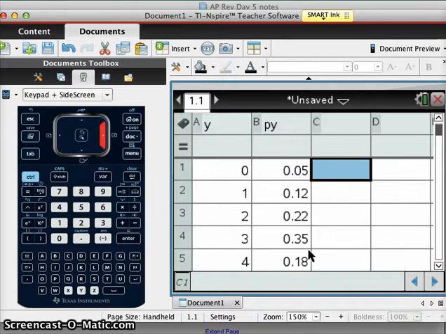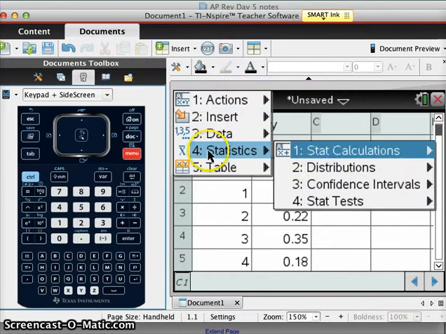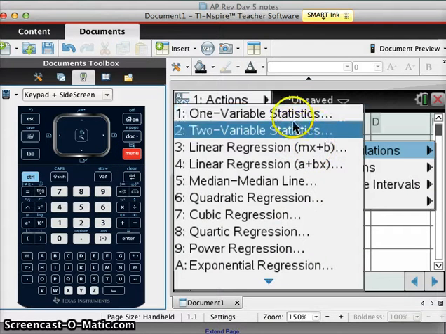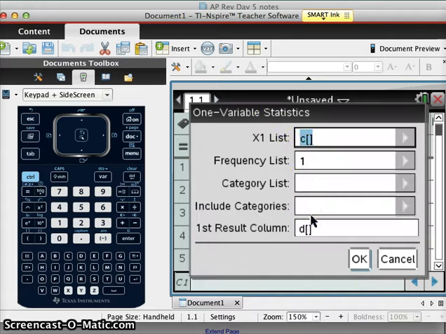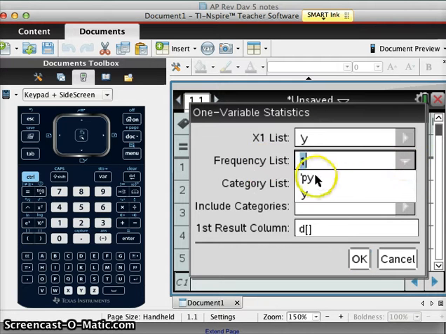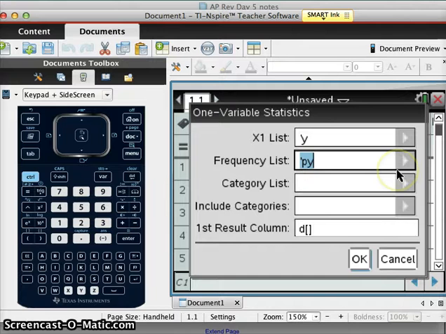Okay, now we're going to do the menu 411. Menu, statistics, stat calculations, one variable statistics. And a lot of people are going to want to change this to 2 lists because, hey, you just typed in 2 lists. But keep it at 1 and hit OK. The X list I called Y. The frequency list we changed to the probabilities. Okay?